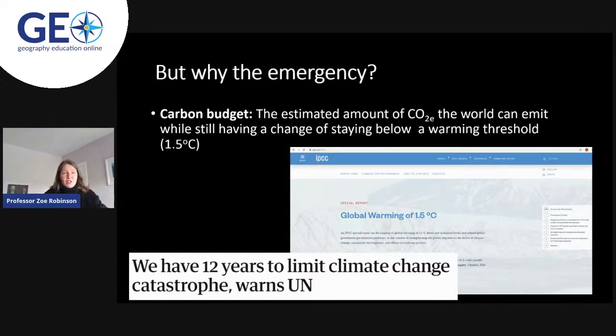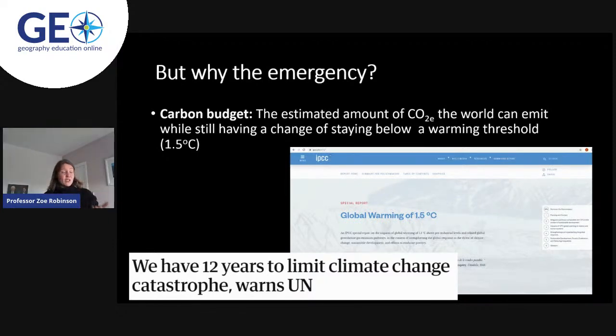So as we continue to emit carbon dioxide day by day, year by year, it accumulates in the atmosphere. And we've also now worked out how much carbon dioxide in the atmosphere is likely to contribute to a particular temperature increase. And we also know how much we are emitting year on year.